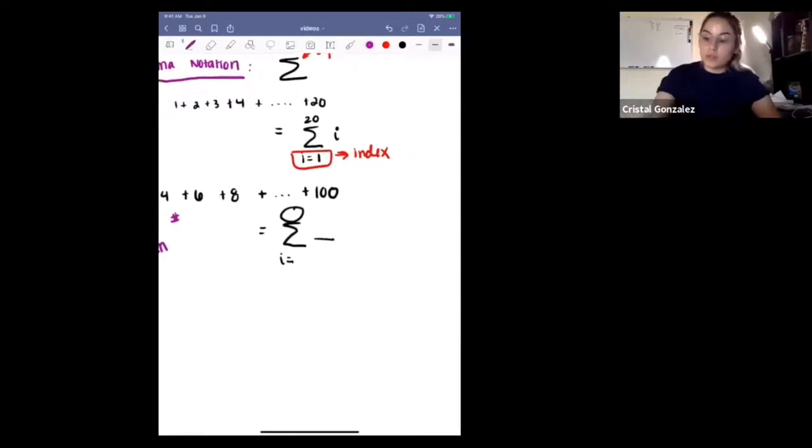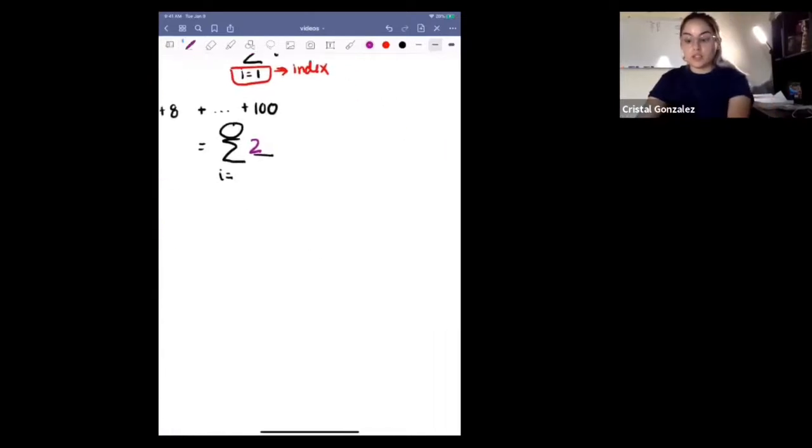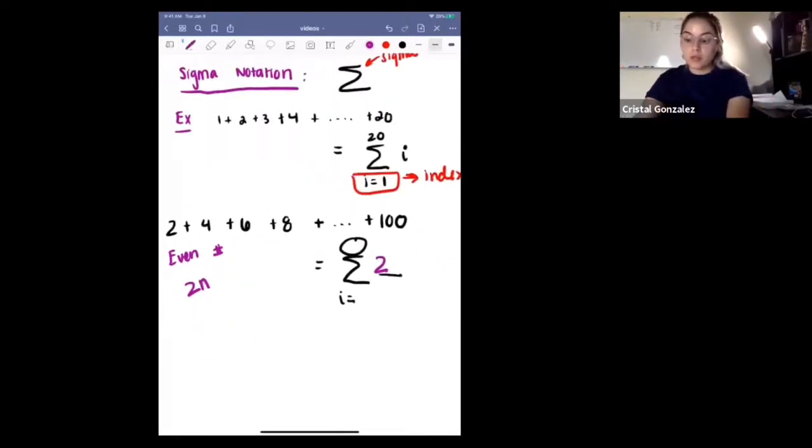So for our sigma notation we're going to keep a 2 here. And since our first term is a 2, we want to make sure that our i value here is 1, so that when we plug in 1, we get 2. And then when i equals 2, we get 4.